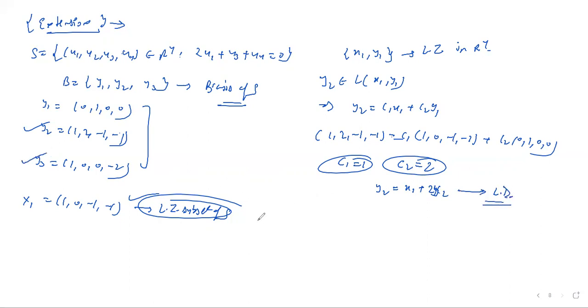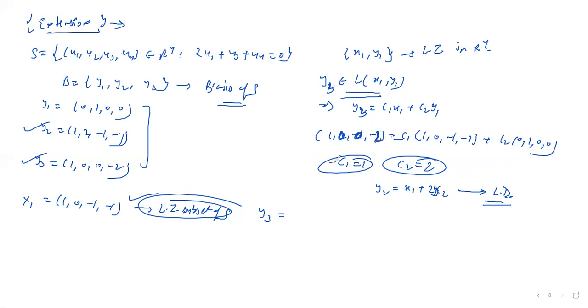Now check for the vector y3. We check whether y3 belongs to the span of x1, y1. So y3 = c1 x1 + c2 y1, and the vector y3 is (1, 0, 0, -2).